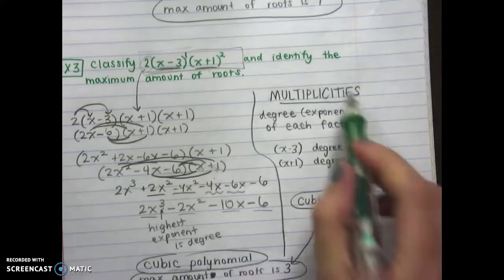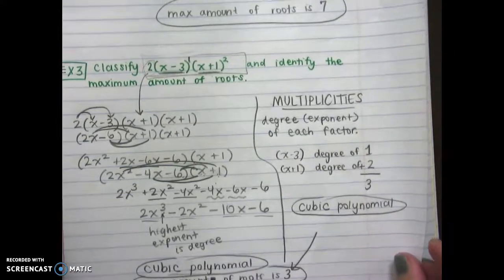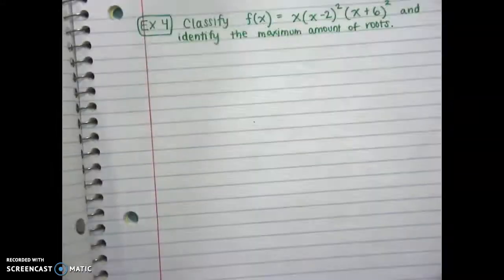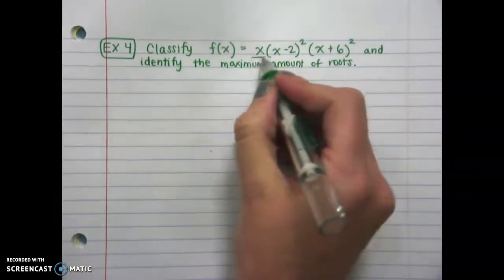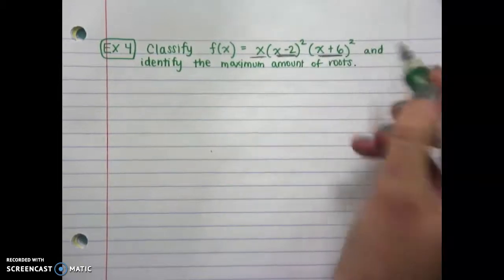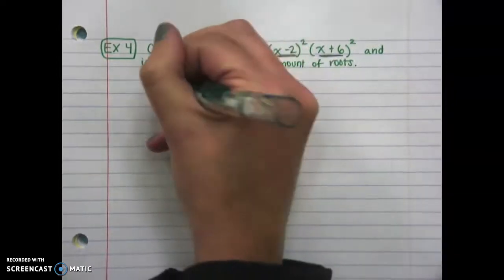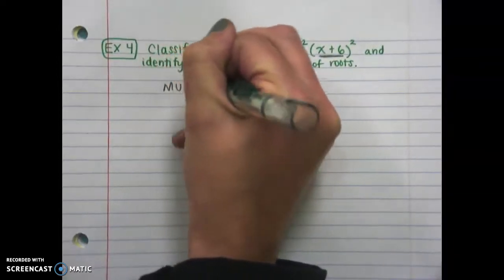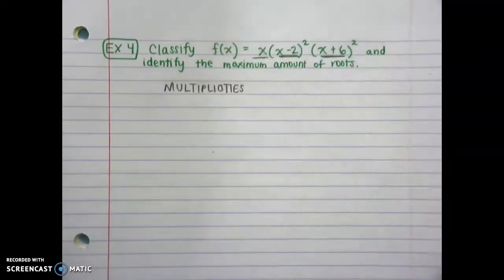Let's use this same trick with multiplicities for the last example. Example 4. Classify f of x equals x, there's one factor, times x minus 2 squared times x plus 6 squared. And then identify the maximum amount of roots. So we'll use our multiplicities of each factor.